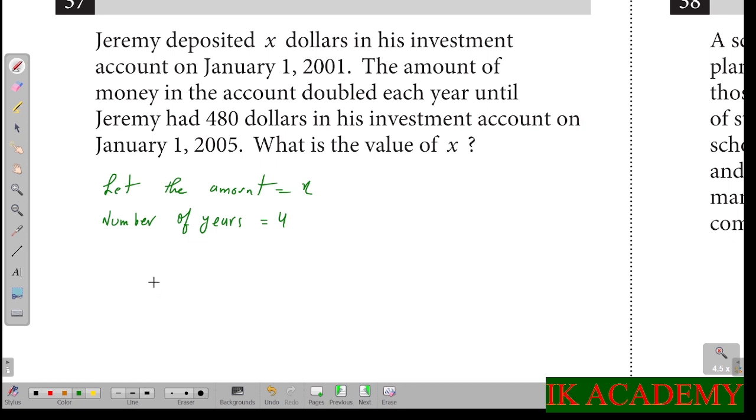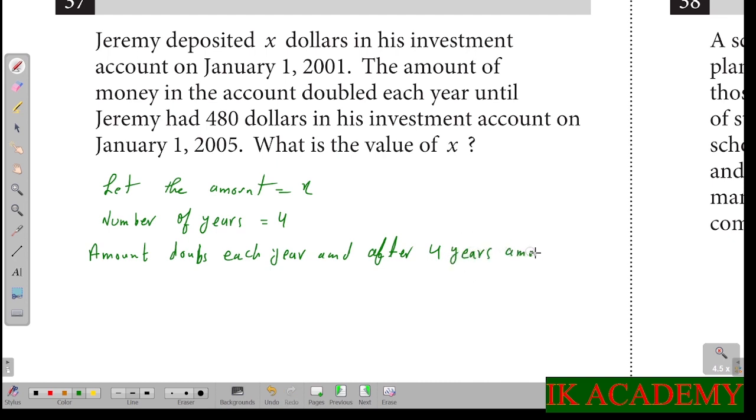Amount will be double for each year, and after 4 years it will be equal to $480.